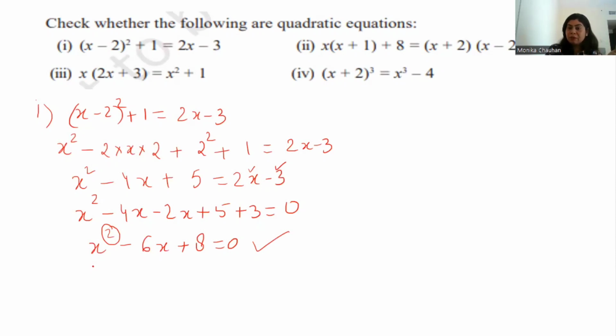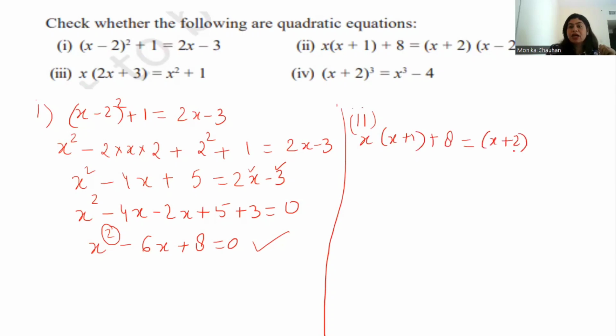So one part of this is that you have to find out whether it is a quadratic equation or not. You have to check the equations. Okay, let's see another, second example. So we have x(x plus 1) plus 8 is equal to (x plus 2)(x minus 2).